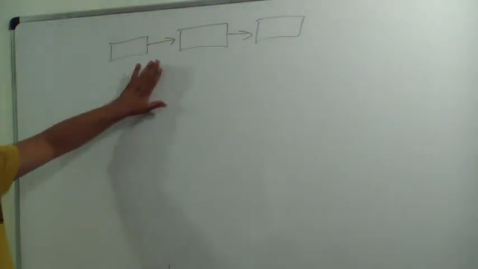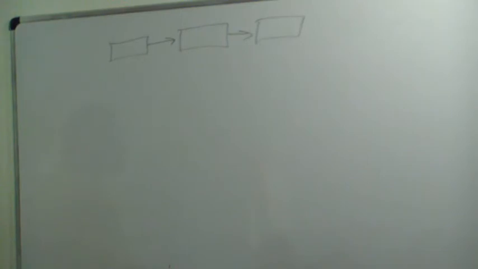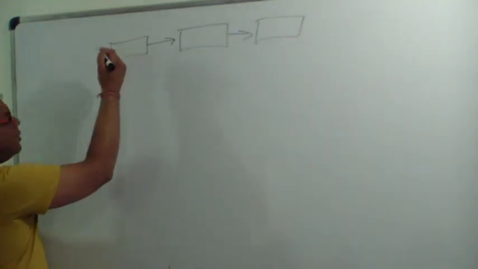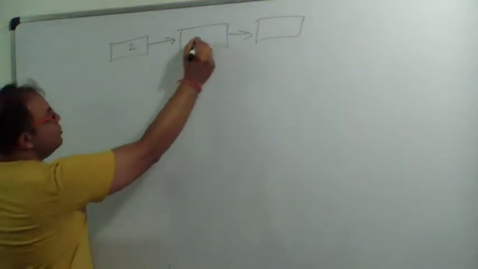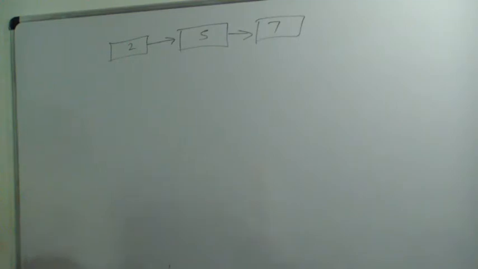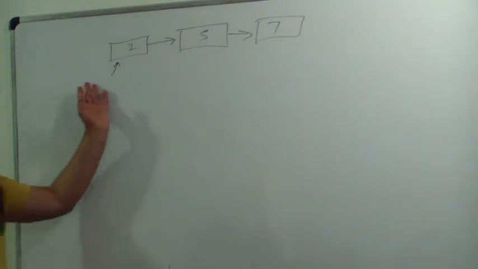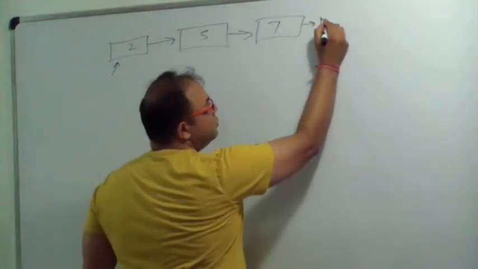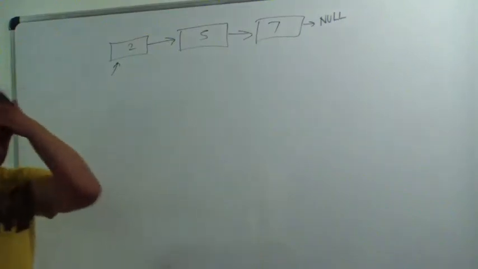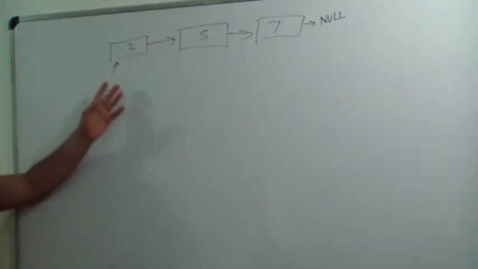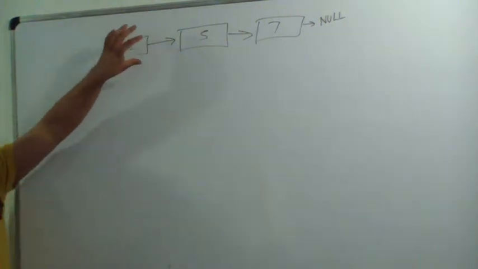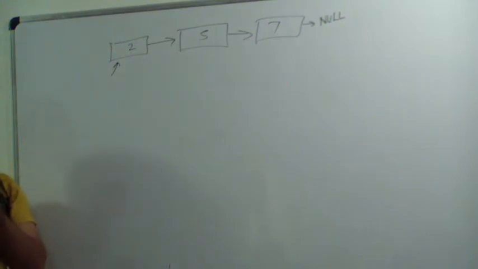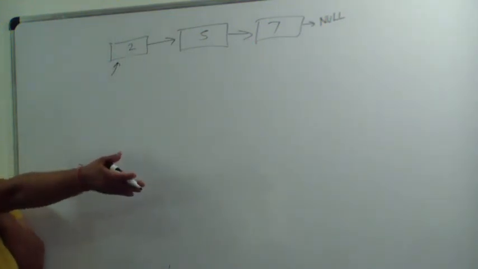Okay. So a linked list is a structure like this in which you store some data. For now we'll assume that we are storing an integer, so let's say 2, 5, 7 or something like that. There will be a head, which is the starting point of the linked list, and the tail will point to null. This is a simple structure, and you can write a class for this node also. A node has data and it is pointing to another node, right?